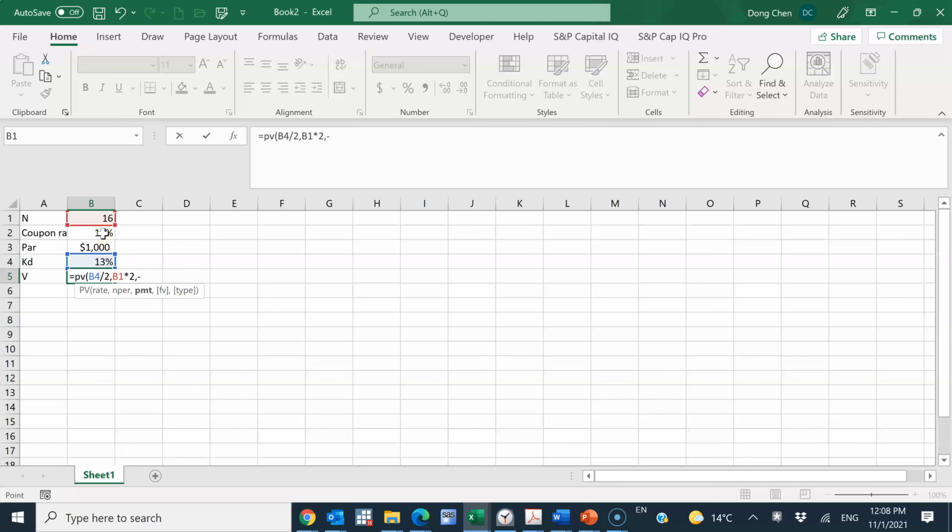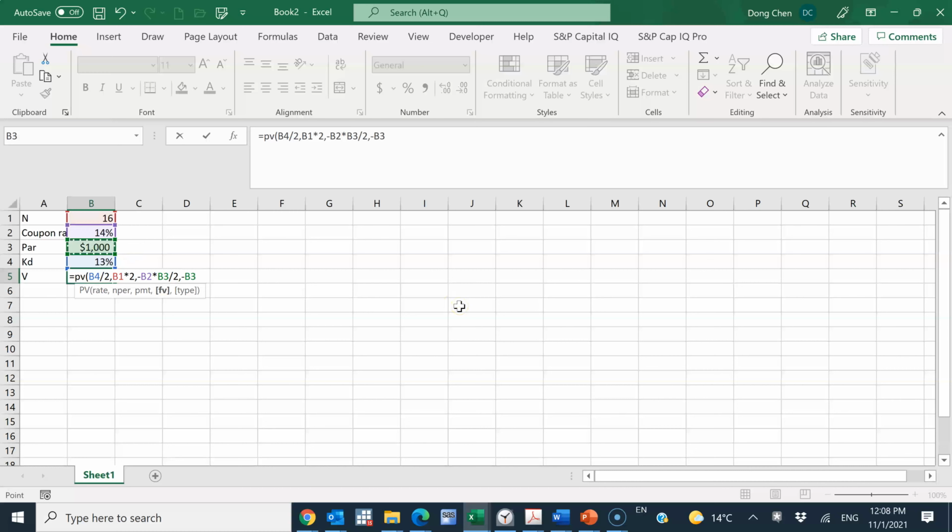So this is the coupon rate times the par value. But this is the annual coupon payment, but we need the semi-annual coupon payment, so we need to divide this by 2. And finally, the future value, as we said, also needs to be in negative format in order for us to have a positive present value. So negative future value here is the par value.